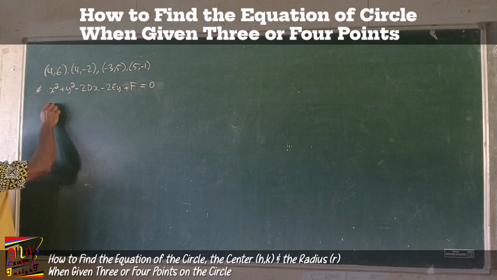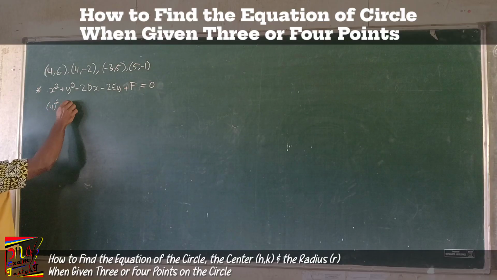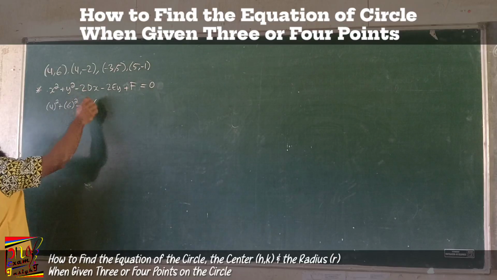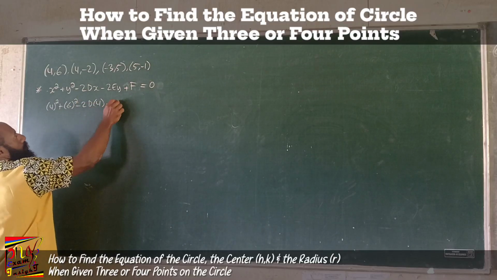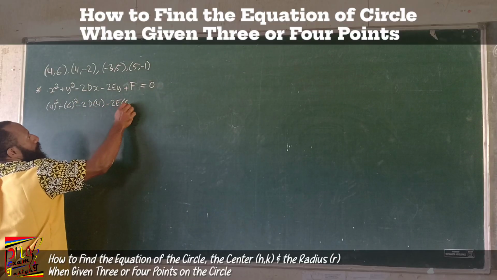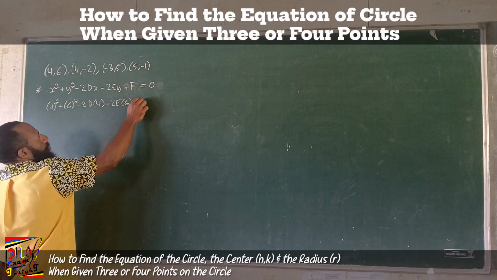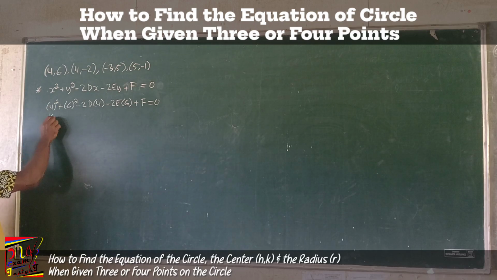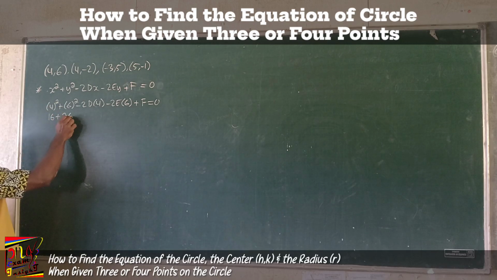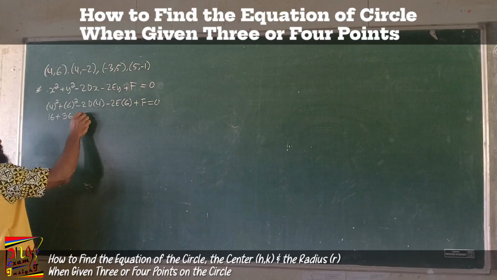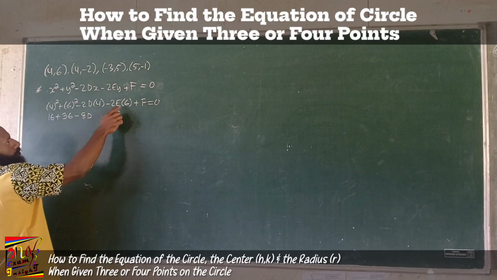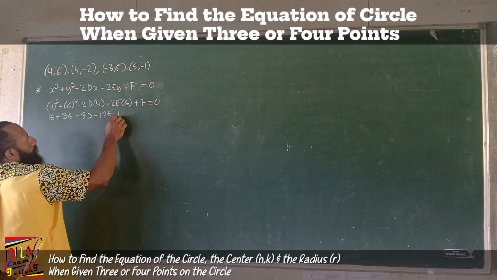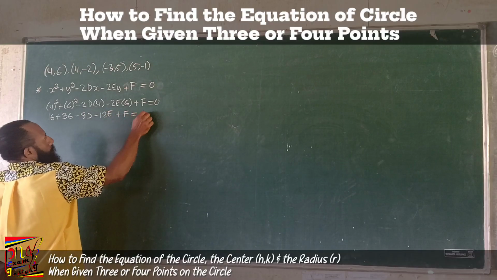So 4 squared plus 6 squared minus 2D times 4 minus 2E times 6 plus F equals 0. 4 squared is 16, 6 squared is 36, minus 2 times 4, minus 2 times 6, and plus F, all equals 0.